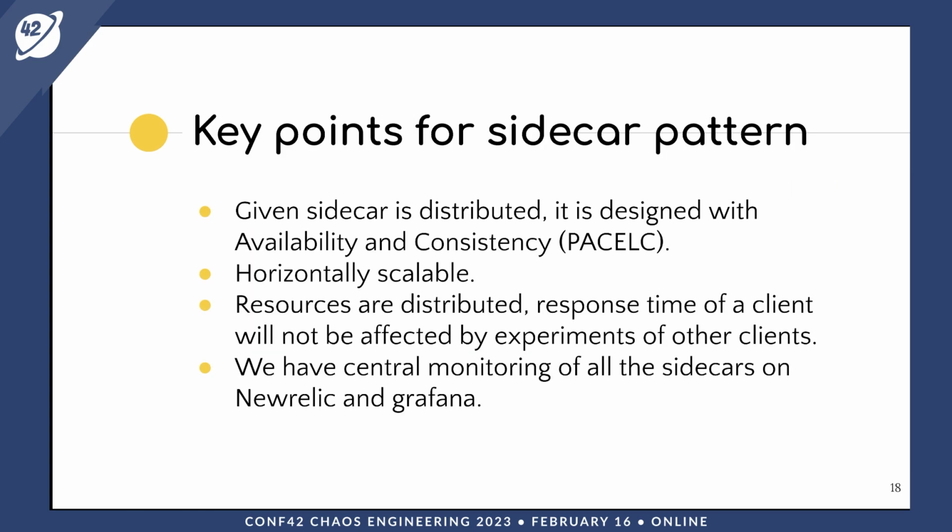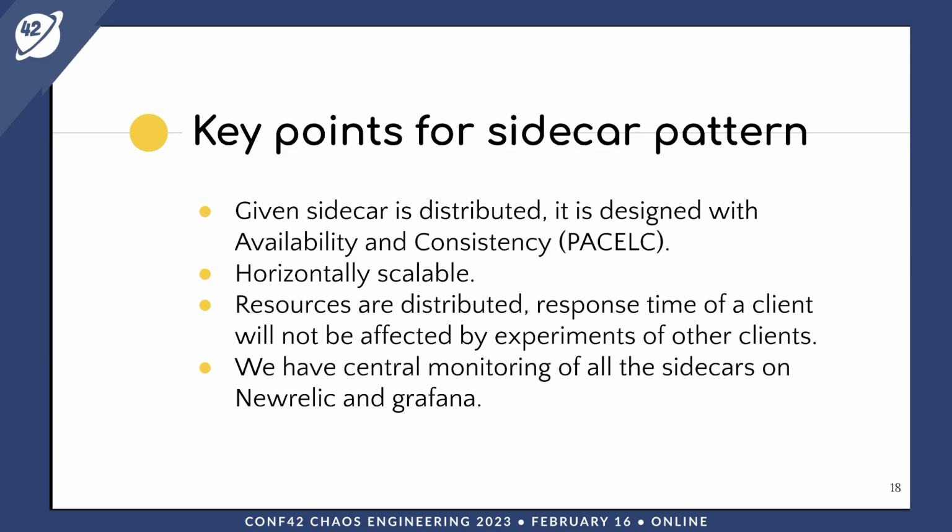So given sidecar is distributed, it is designed with availability and consistency in mind. Using the PACELC theorem, basically if we have a partition, we have to choose between availability and consistency, else we have to choose between latency and consistency. So sidecar has been built choosing availability over consistency in case of network partition, and consistency over latency if there is no network partition, right?